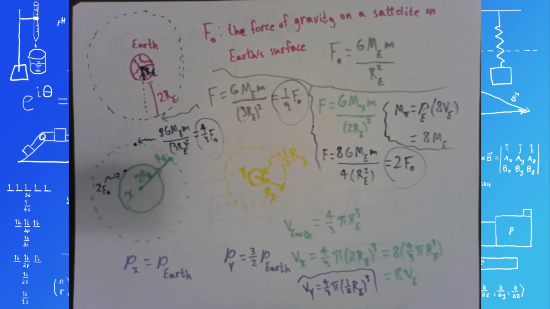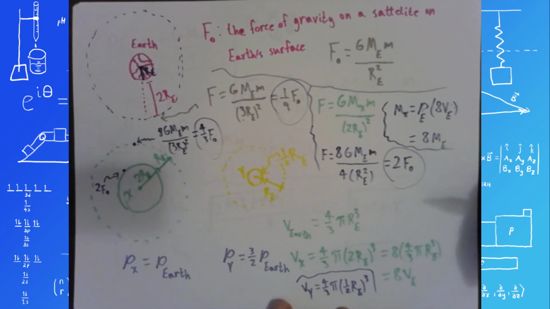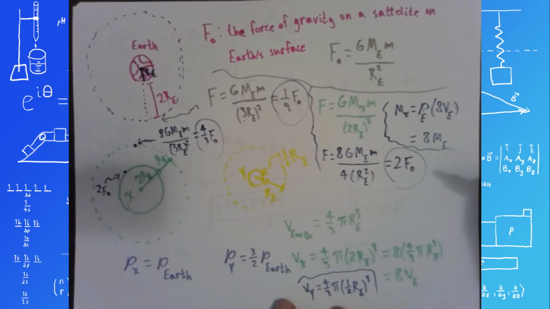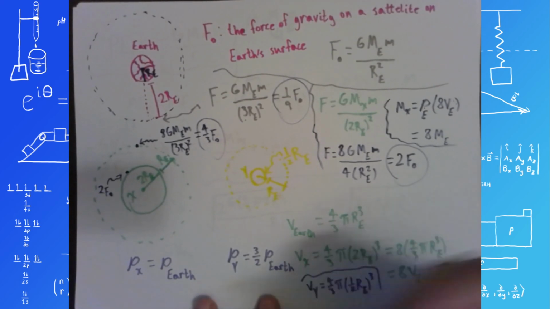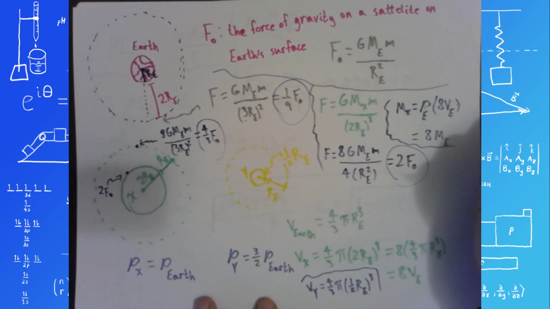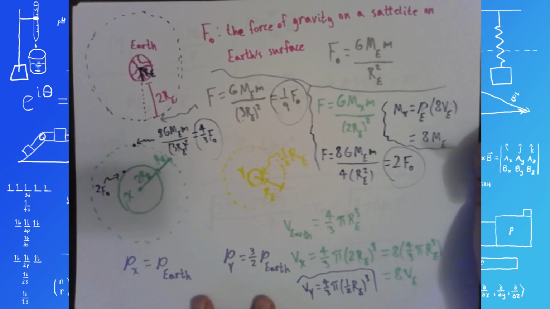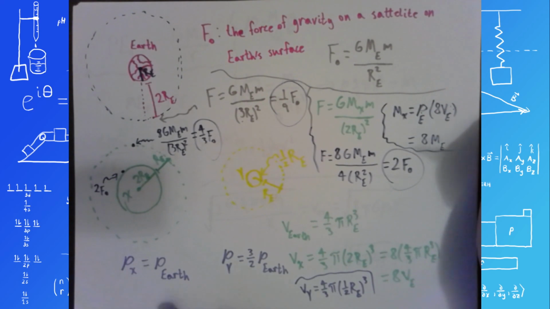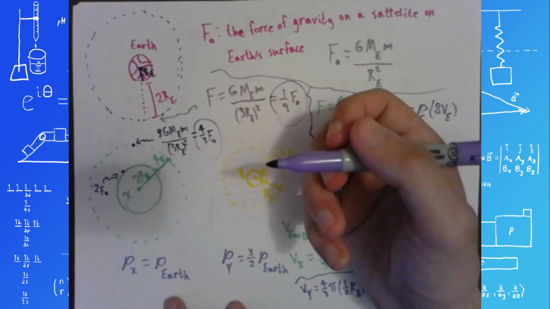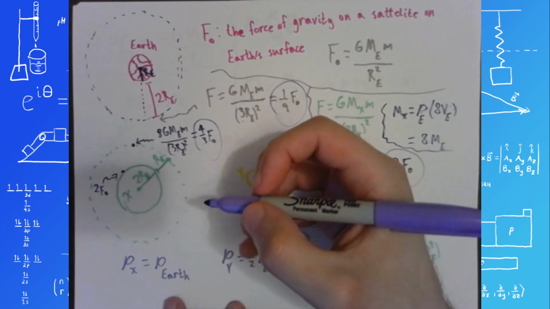Okay, that's all good. But for the mass of planet Y, I need to multiply this volume by the density of planet Y. I'll do it over here.